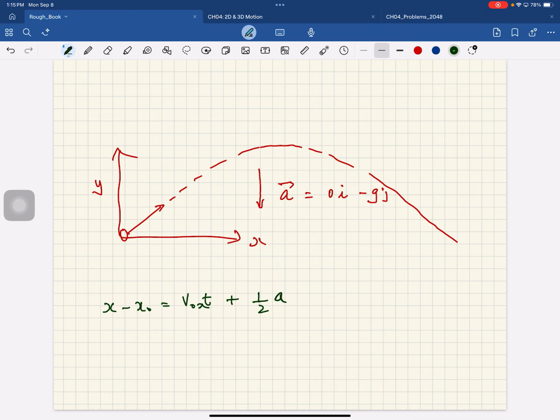What is this telling you? This is the x displacement, or it's giving you the x coordinate as a function of time. For this motion, there's no x component of the acceleration. So the displacement changes linearly with time.